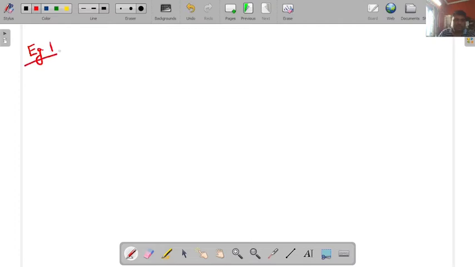Example 1. Here we start with n is equal to 7. We are interested in finding out whether this particular n is prime or not with the help of the square root test.